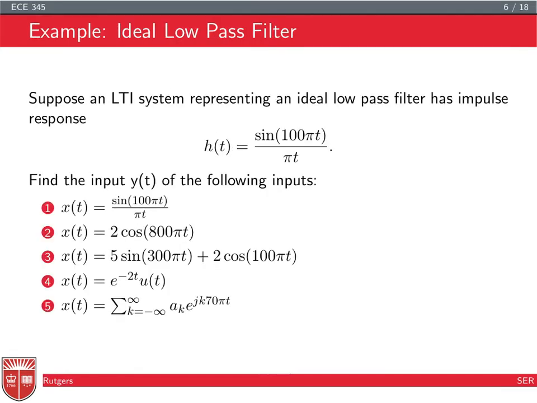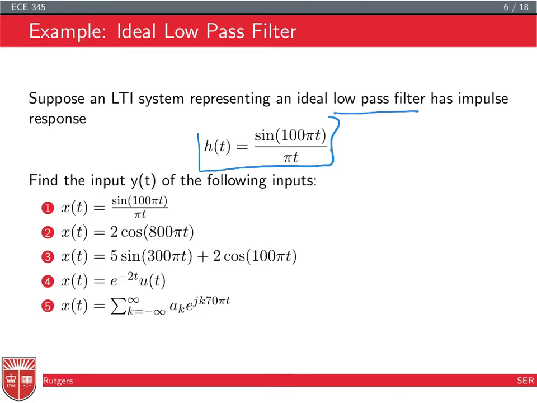So I will highlight the application of the convolution property for continuous time signals through a running example. Here we have a low-pass filter with the following impulse response.